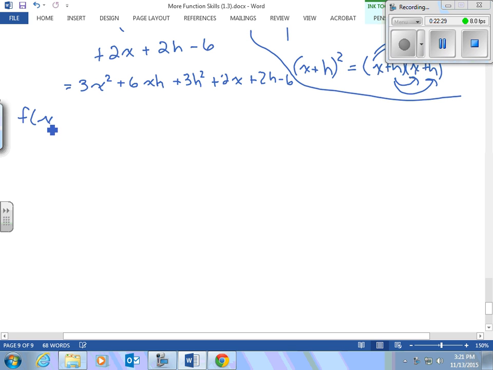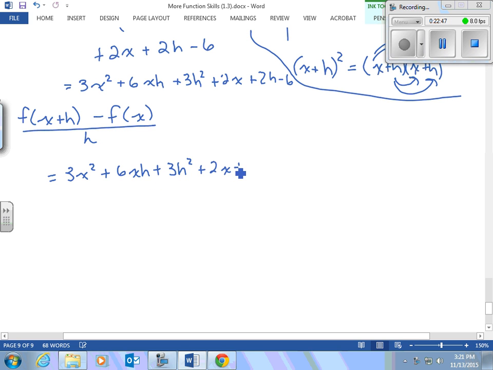So f at x plus h minus f at x all over h is going to be equal to, so there's my f at x plus h, 3x squared plus 6xh plus 3h squared plus 2x plus 2h minus 6. And I'm subtracting f at x. So my original f at x is 3x squared plus 2x minus 6. And the whole thing over h.